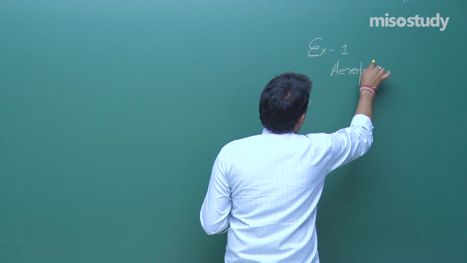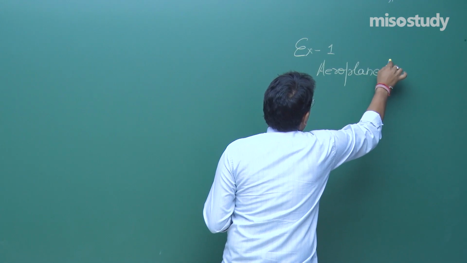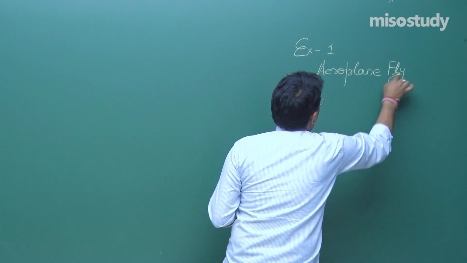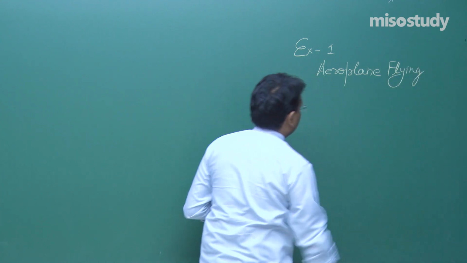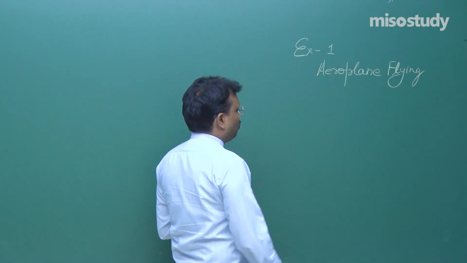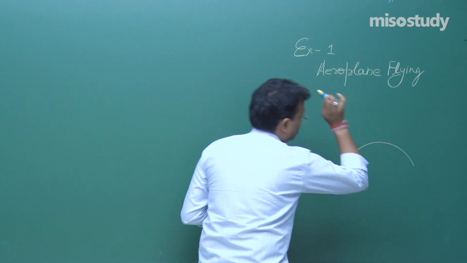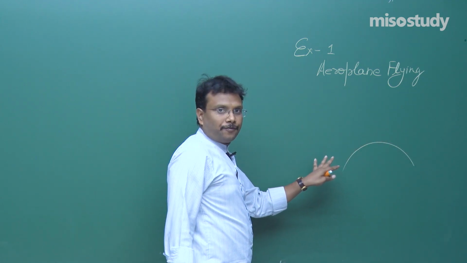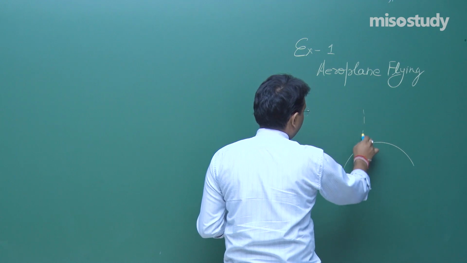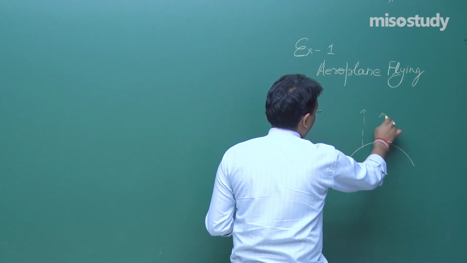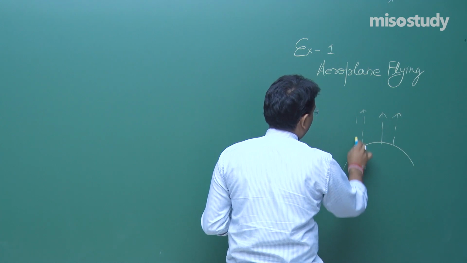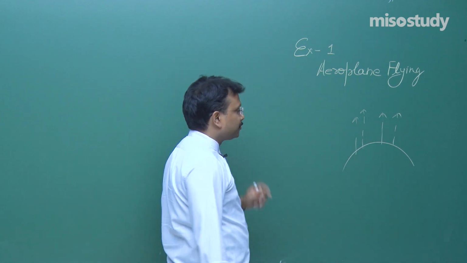aeroplane flying. The flight is going to New York, say for example. Now, this is the curvature of the earth, and obviously the vertical component of the magnetic field lines is present. Fine.